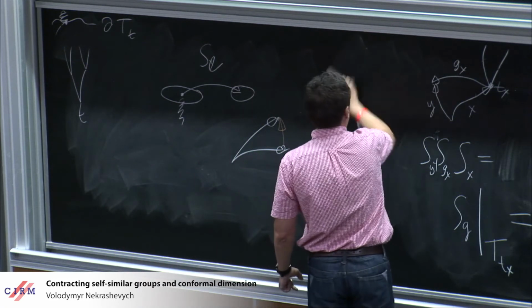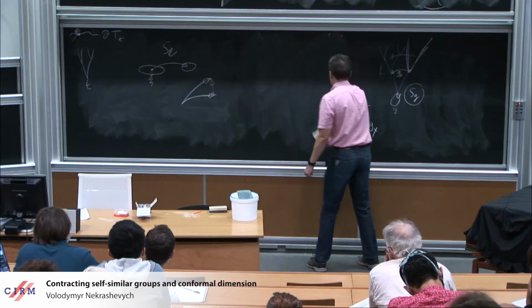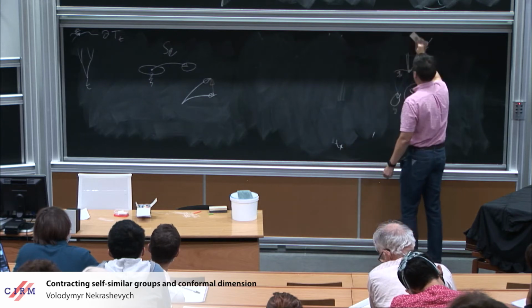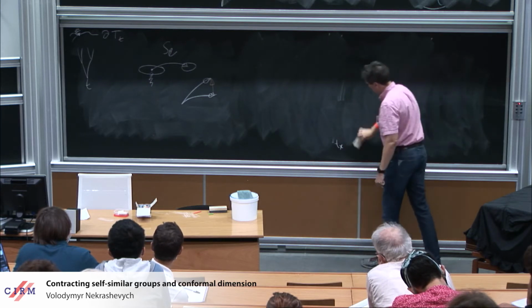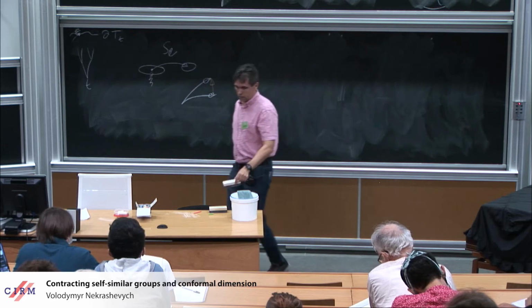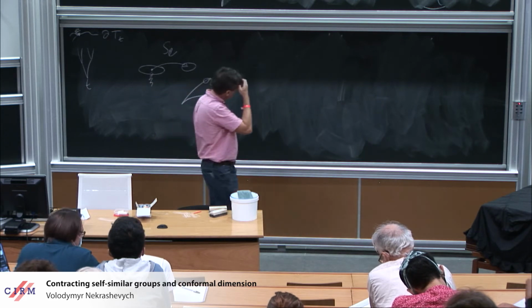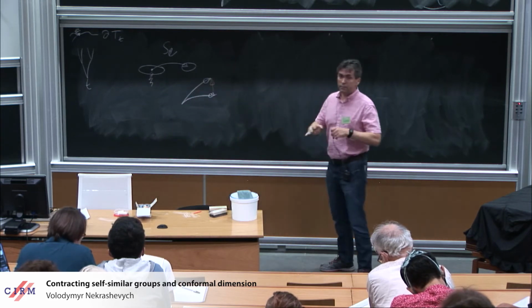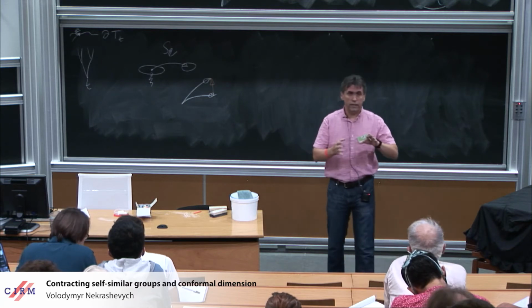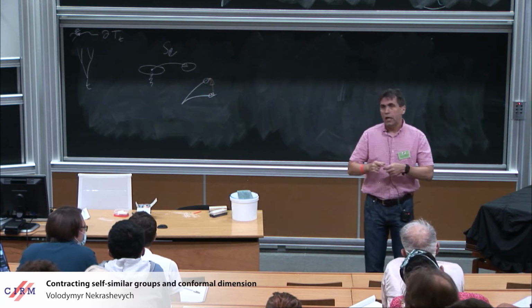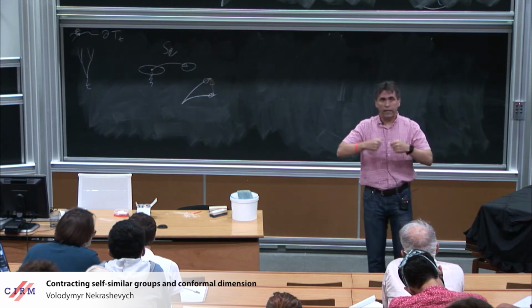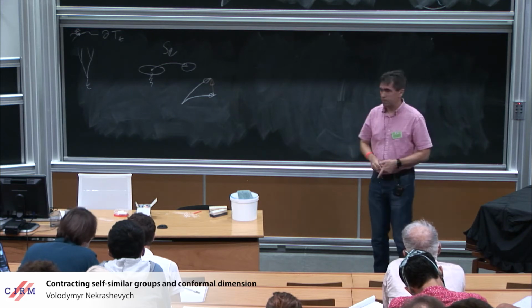So how will this graph look in our case? Our generating set is split into two parts. There is the generating set coming from loops and the generating set coming from connecting the base point to immediate preimages.